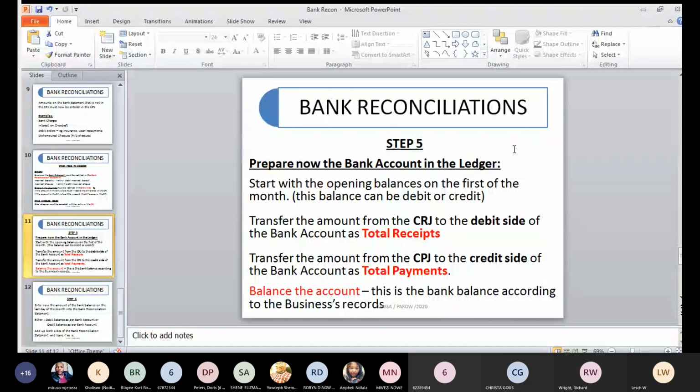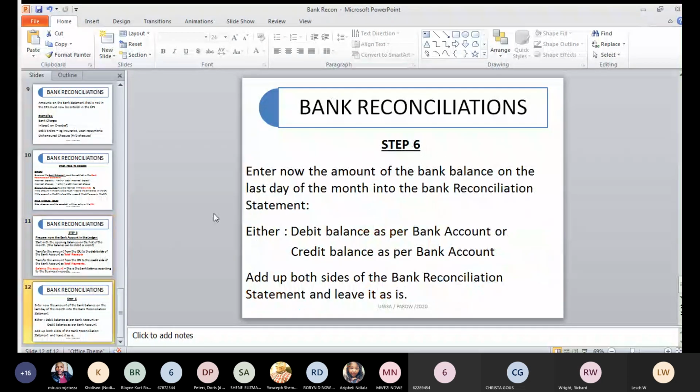You take your total payments from your cash payments journal and record it in the bank account in the ledger, and you balance the bank account with the new totals. This balance in your bank account is called the bank balance according to the business's records. According to our ledger account, that is then the bank balance.